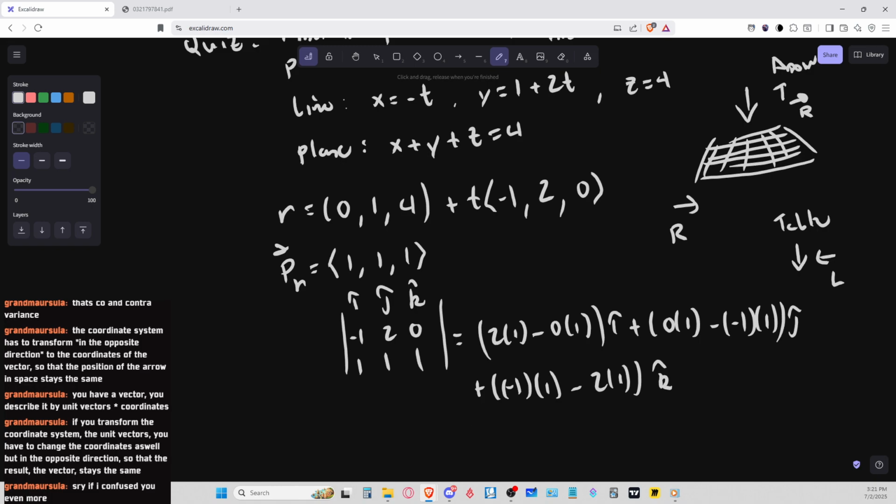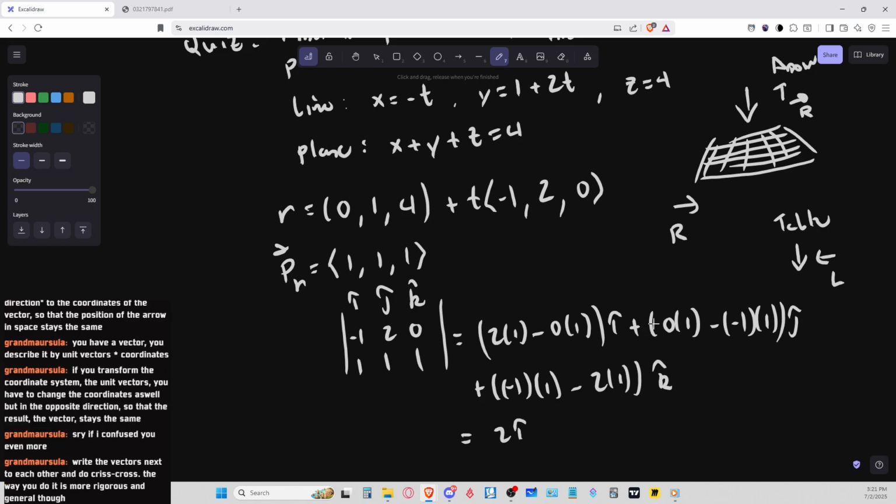Okay. So the final result, we get 2i plus j, and -1 minus, so this is going to be -3. So find the point where the line intersects the plane.